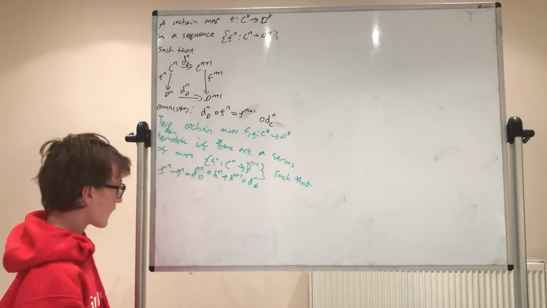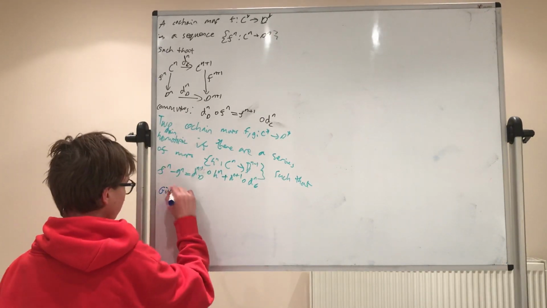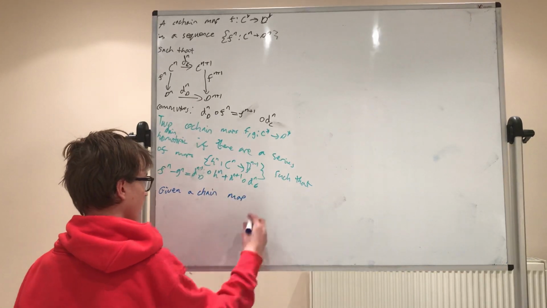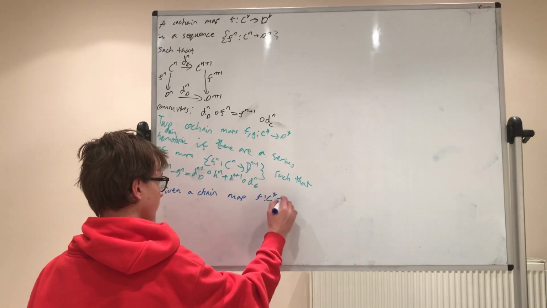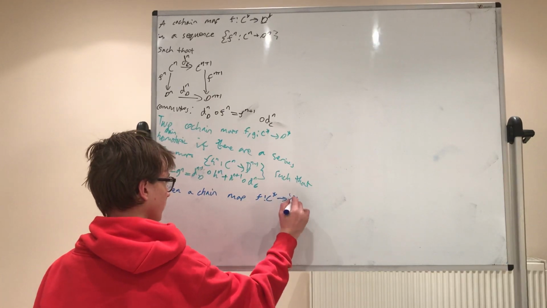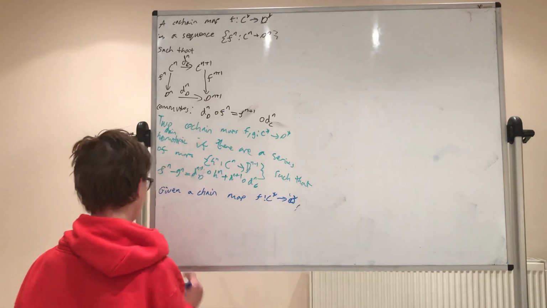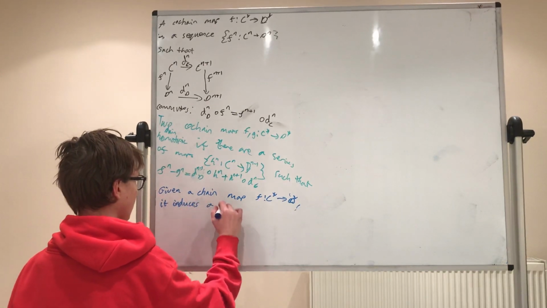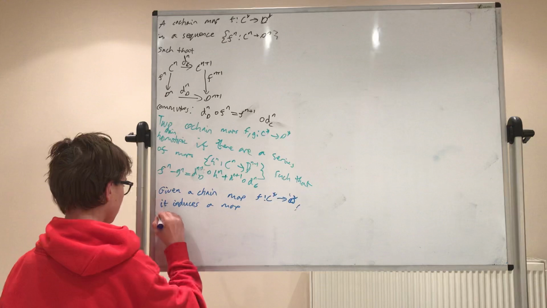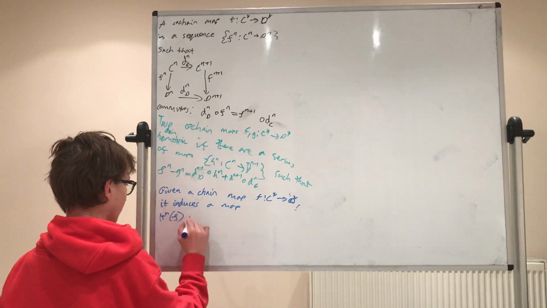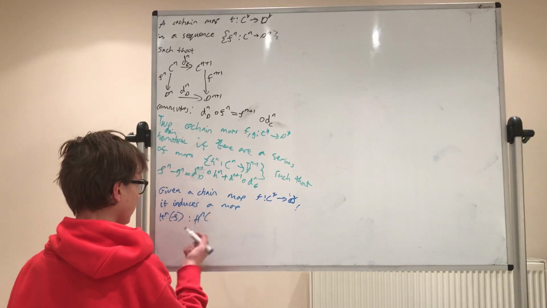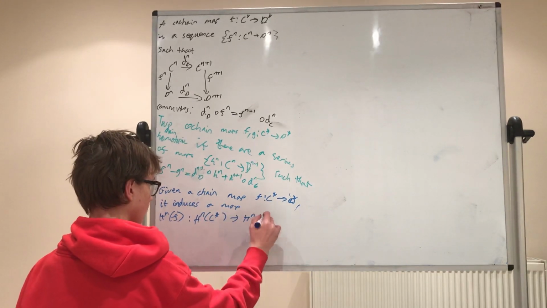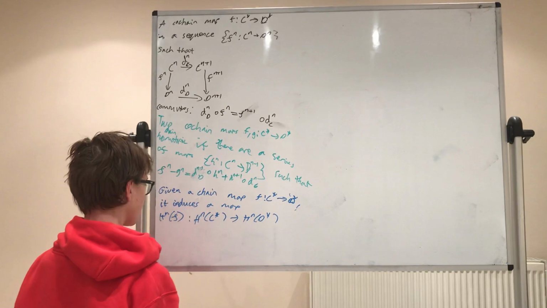Given a chain map F between two cochain complexes, it induces a map Hn of F, which takes you from the nth cohomologies of each complex.